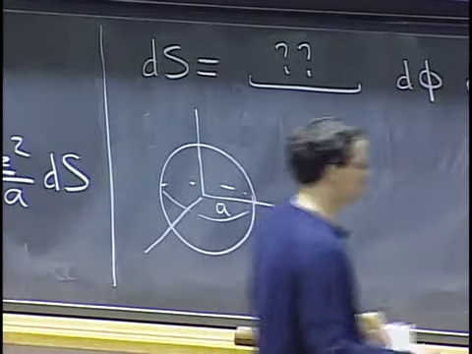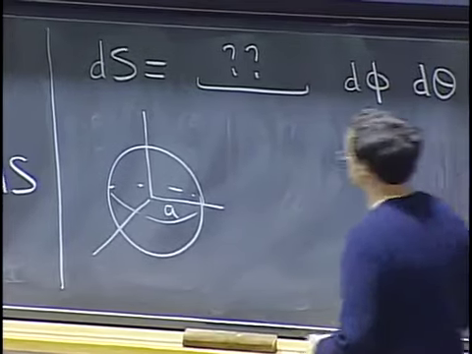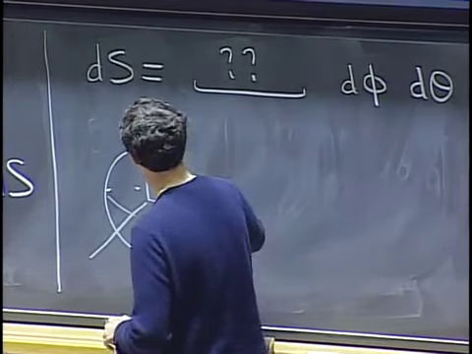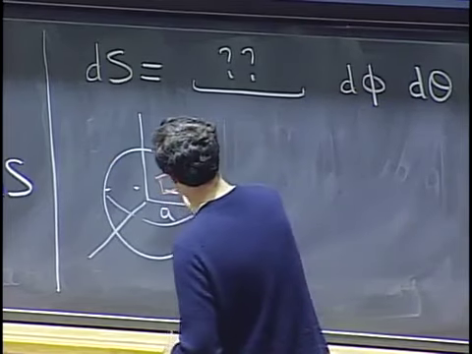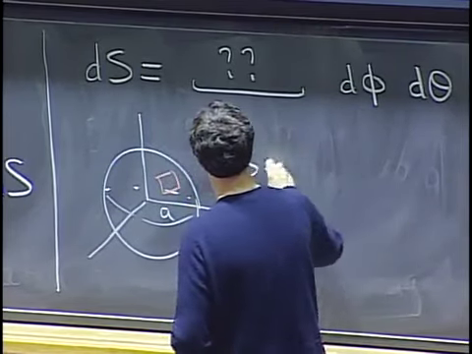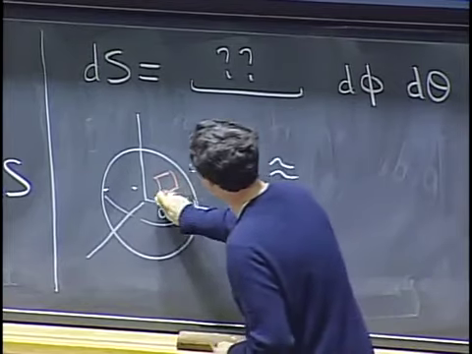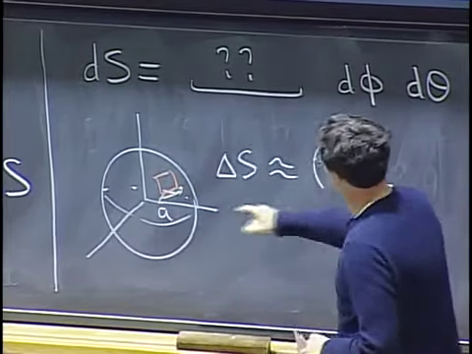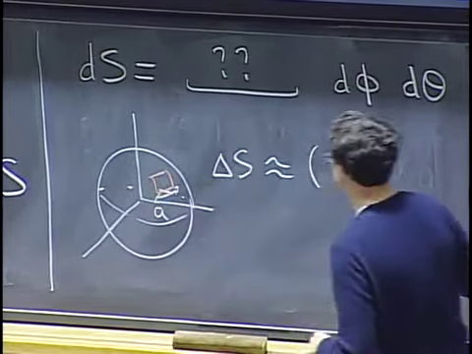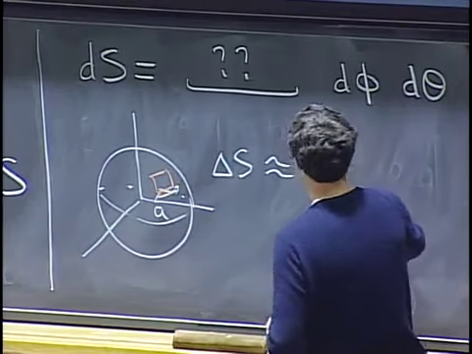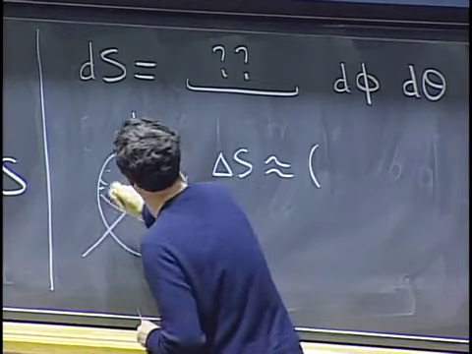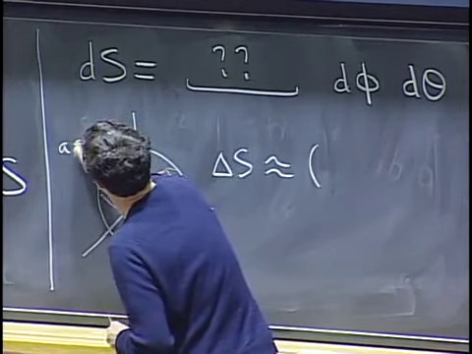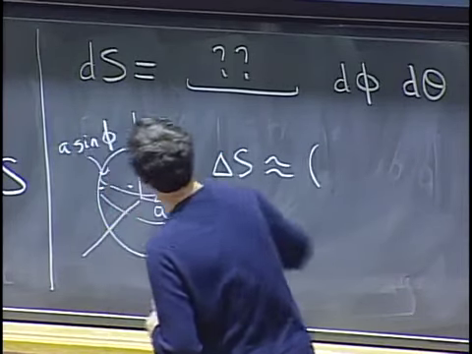and I take a little piece of it that corresponds to small changes in phi and theta, then we argued that this side here, the one that's going east-west, was a piece of a circle of radius a sine phi, because that's r.